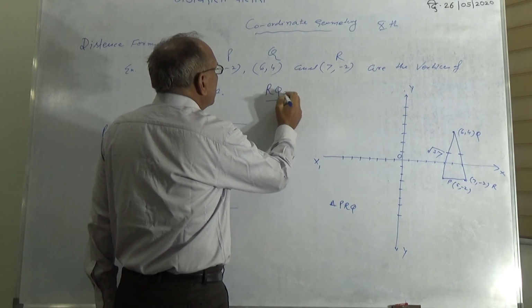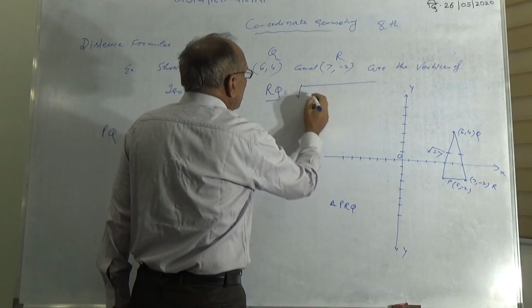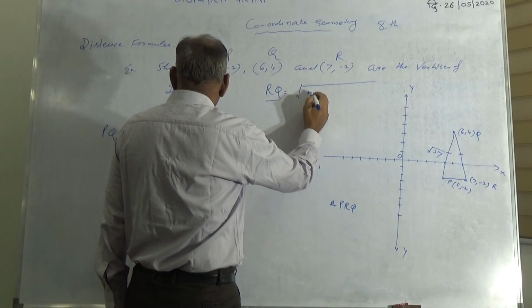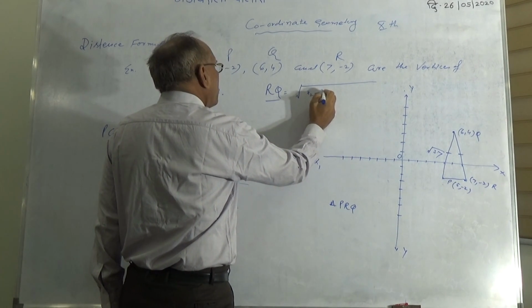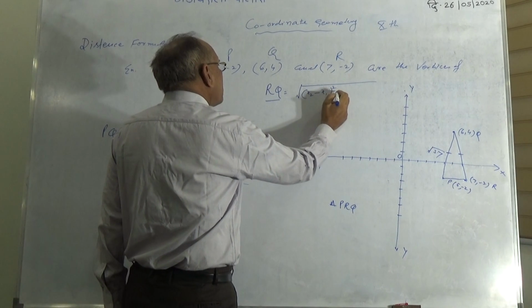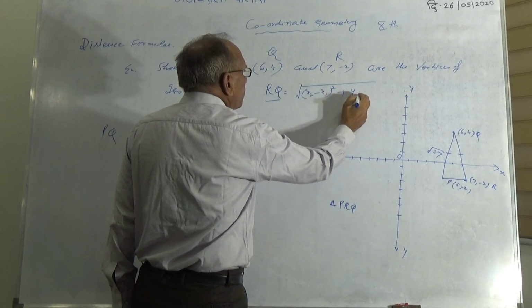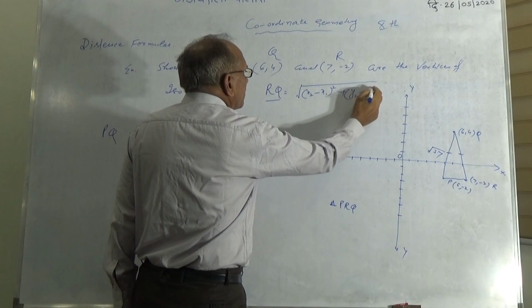The distance between R and Q is equal to under root x2 minus x1 square plus y2 minus y1 square.